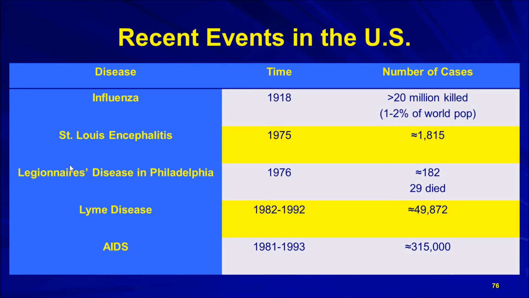Actually, this time frame should probably be 1917 to 1919, and approximately 20 million people were killed worldwide, or 1 to 2% of the population. If you look at all the wars in the history of the world, we've never had anything that has been that lethal ever.